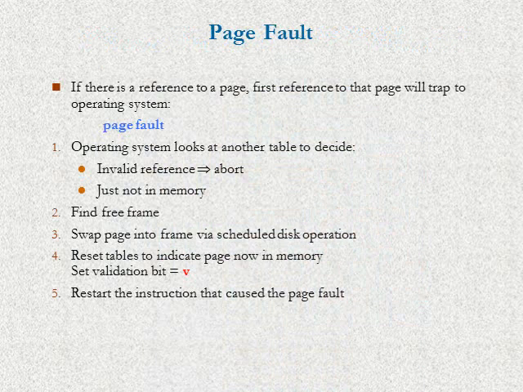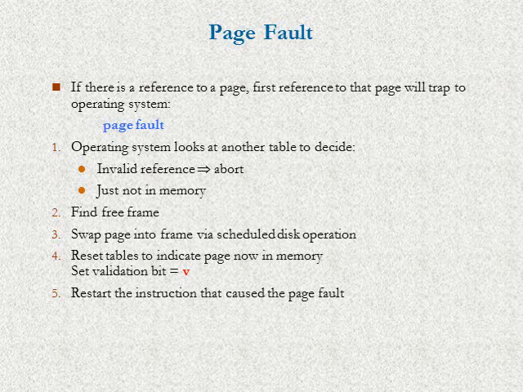Once we have a reference to a page that is not present in the main memory, it generates an interrupt, that is the page fault. The page is not present in the main memory. In order to respond to that interrupt, the operating system fetches the page from the swap space, finds a free frame on the main memory and loads that page from the swap space to the main memory.